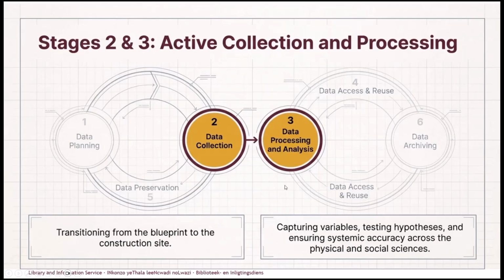So in terms of the active collecting and the processing of the data, this is more where the researcher is primarily responsible. Our faculty librarians can provide guidance and referrals where necessary if you need any kind of guidance here.